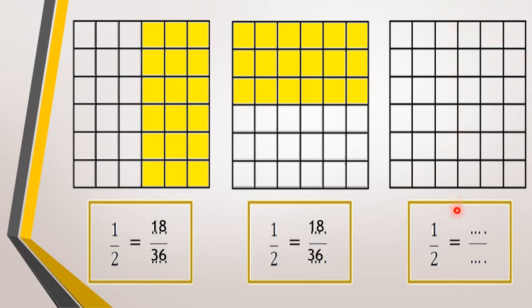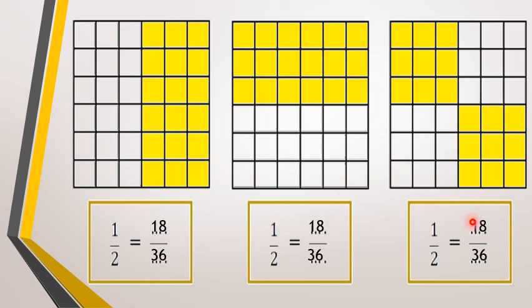So I will suppose that I cut it into quarters, and I will take 2 quarters, like this. If you count them, 1, 2, 3, 4, 5, 6, 7, 8, 9, 10, 11, 12, 13, 14, 15, 16, 17, 18. So it's equivalent to the half of each one.